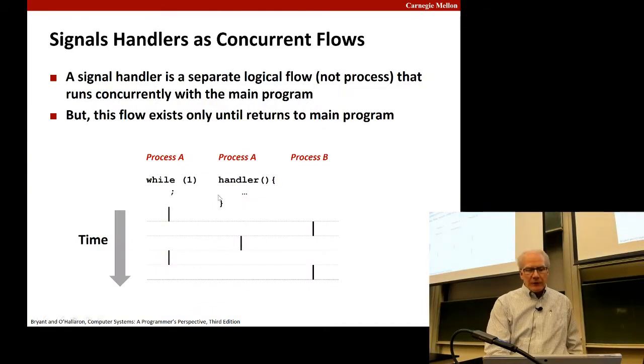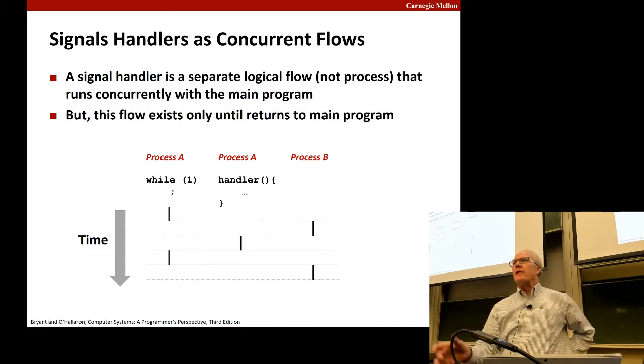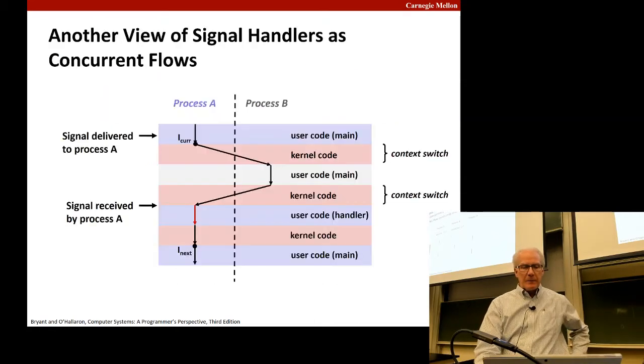So this is the slide I wanted to show. An important thing to recognize is we talked before about this idea of concurrency, meaning that you're interleaving the execution of multiple functions. But the main point is that the handler is considered part of the same process. It's not a separate process to handle a signal. And so it has access to all the same global variables that the main program does.